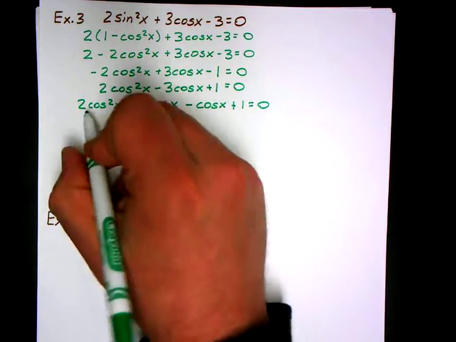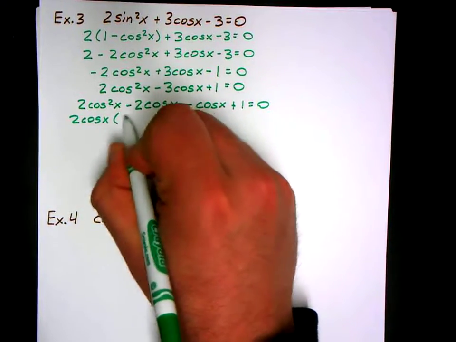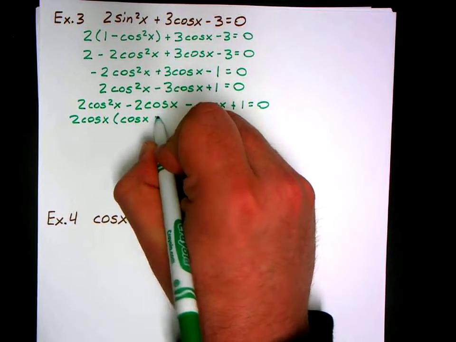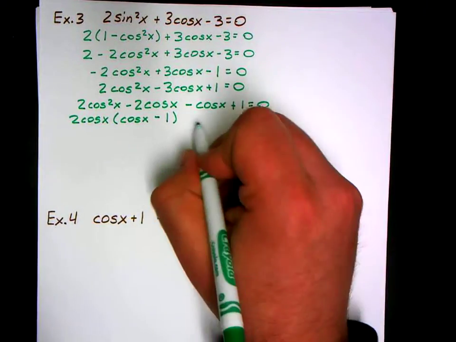Okay, so I group and factor, so I can take a 2 cosine x out of this one, which should leave me cosine x. See, this is what I didn't want to do. This is why I take it off to the side and factor over there.